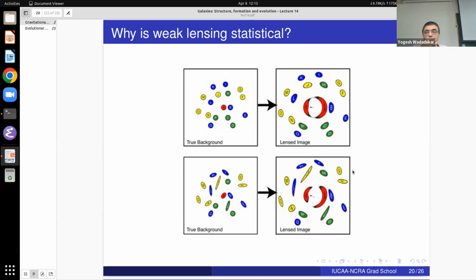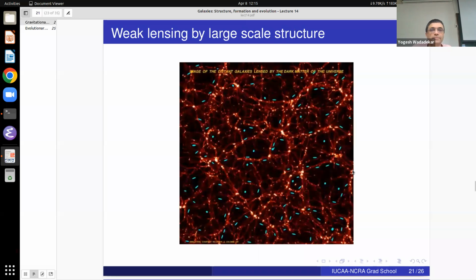Now you have to use very complicated statistical techniques to disentangle what part of the galaxy's observed ellipticity is due to its inherent ellipticity and how much of it is an additional shear that is imposed by the weak gravitational lensing. But the advantage here is that you don't have to do it with one lens and one lensed object, right? You observe many galaxies which act as lenses, and many galaxies which are lensed.